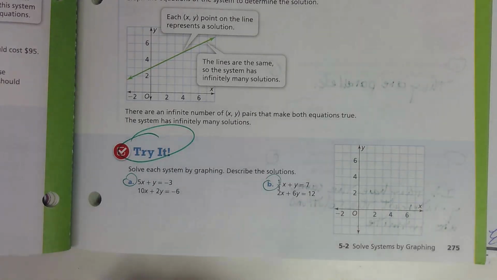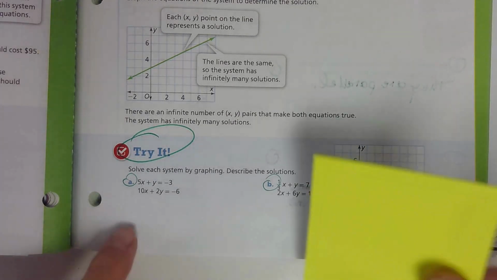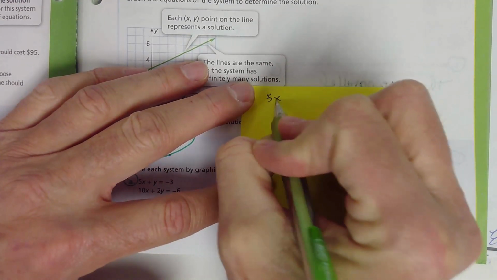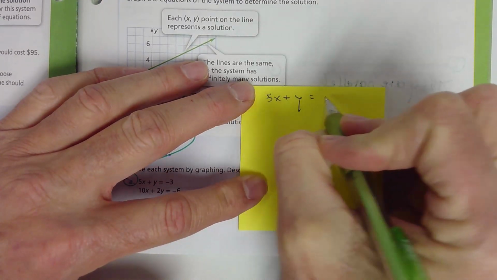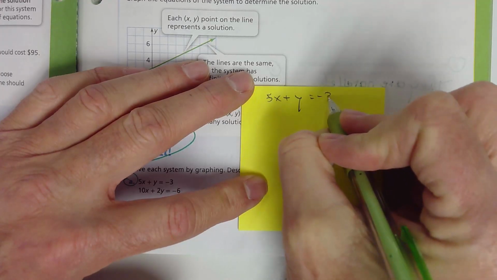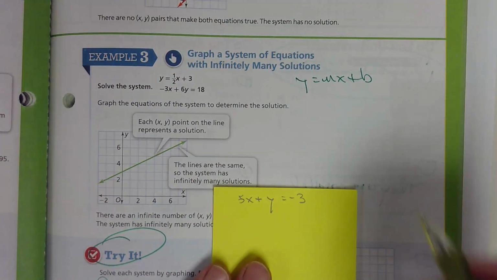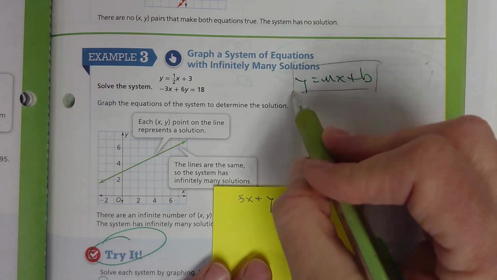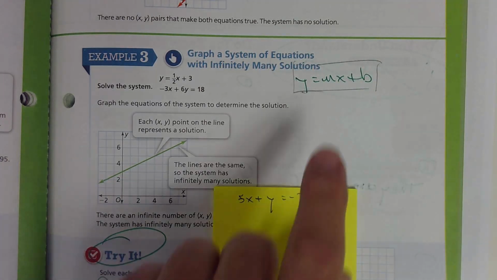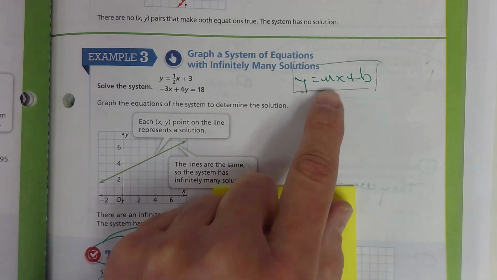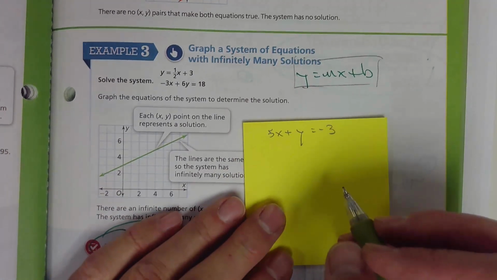Okay. The first equation we're looking at is 5x plus y equals -3. 5x plus y equals -3. And remember, our target is getting it in the form of y equals mx plus b, because once it's in that form, then we can graph it. All right?